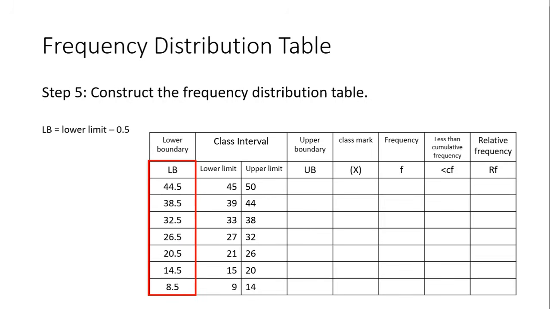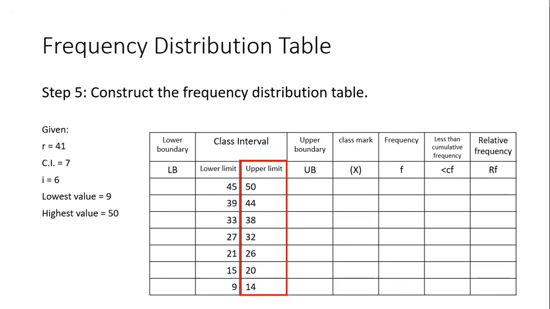Okay, so another way for you to appreciate the class size. After computing for the first lower boundary, so 9 minus 0.5, that's 8.5, correct? For you to identify the next or the succeeding lower boundaries, you again use your class size. So based from our example, our class size is 6.